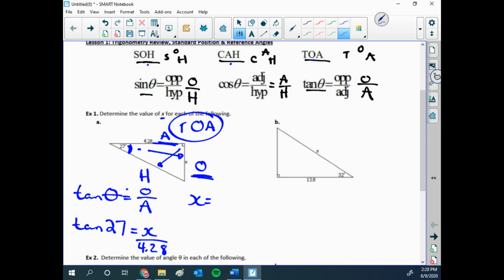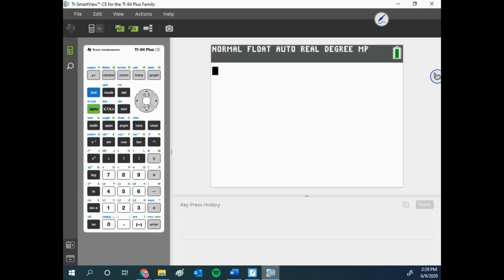So x is being divided by 4.28, which means I need to undo that by multiplying by 4.28 on either side. When I type tan of 27 times 4.28 on my calculator, we should get x equal to 2.2. If you're not getting 2.2, there could be a few different errors.